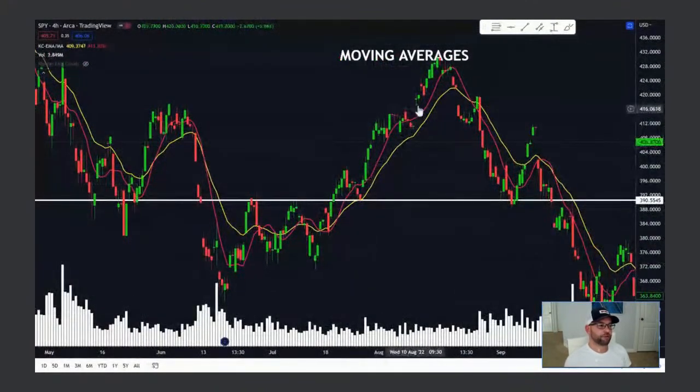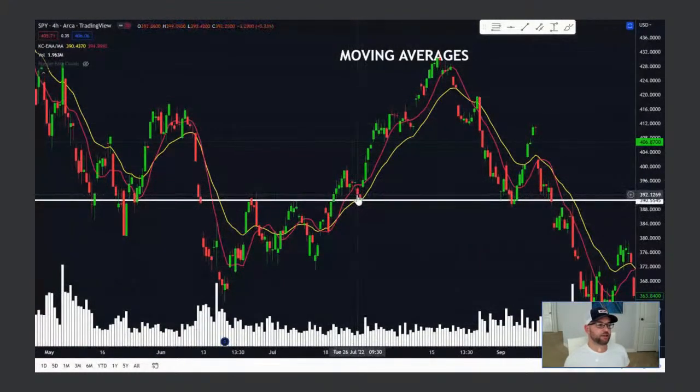Same thing here after this move up. Okay, you miss a move, it fails. You know, we bounced off this moving average multiple times. Boom. Once you gap down and you failed here, you should have been out of a long. If you longed going up, you break out, retest.